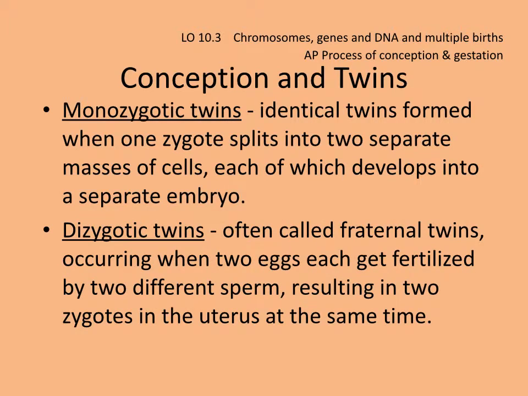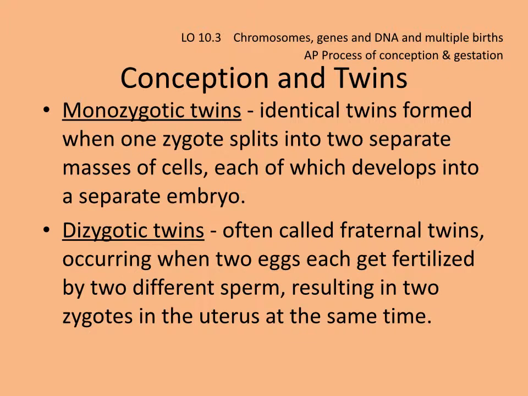Now, dizygotic twins, typically called fraternal twins, are when two ovums are released by the mother. Both eggs get fertilized, they both turn into zygotes, and they both grow into babies. They have the same genetic relationship as I do with my older brother, or you do with your younger sister.